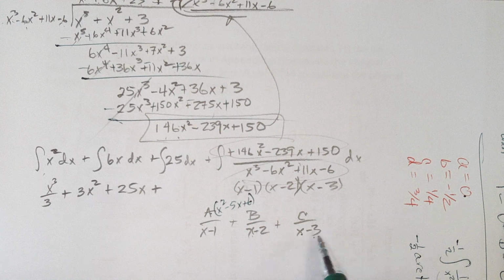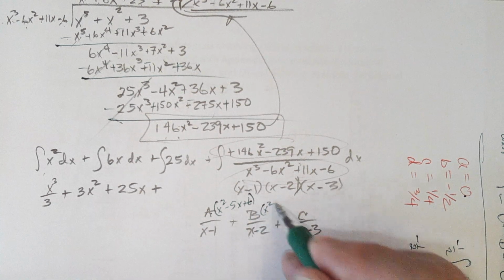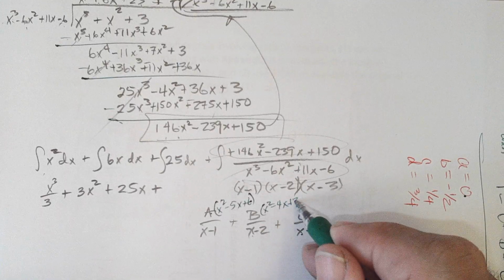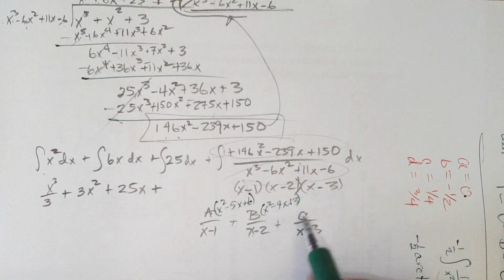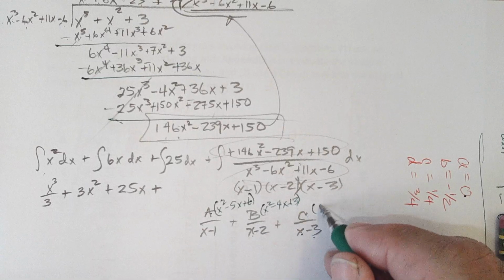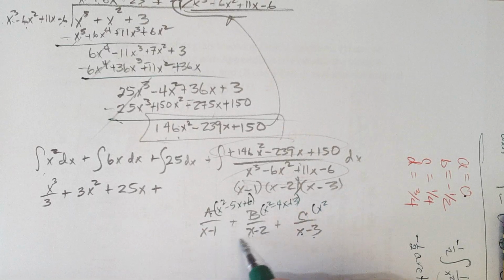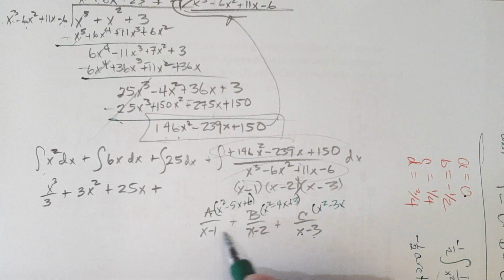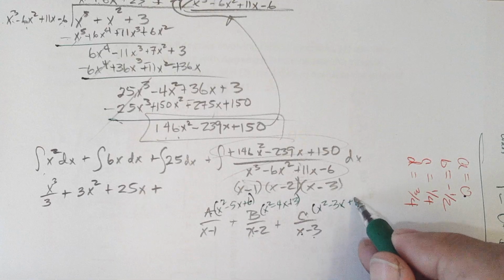B is missing these two, which is x squared minus 4x plus 3. And C is missing these two, which is x squared minus 3x plus 2.